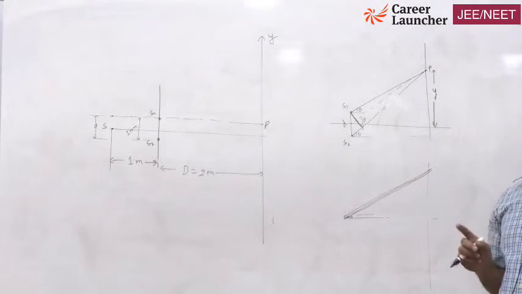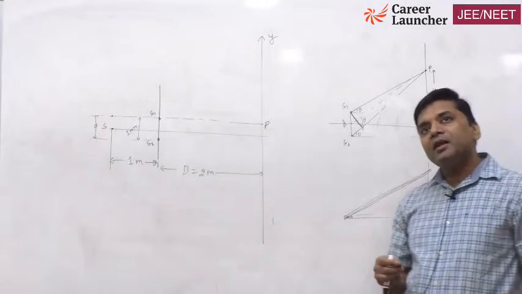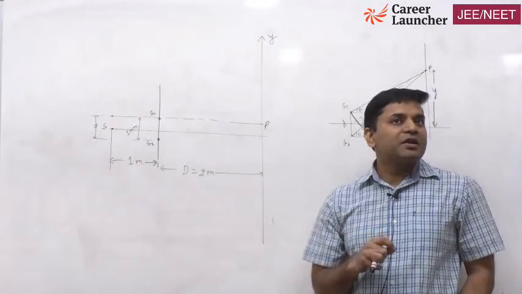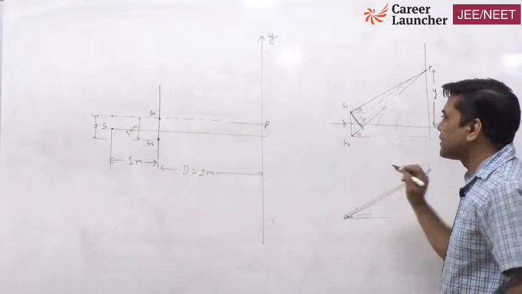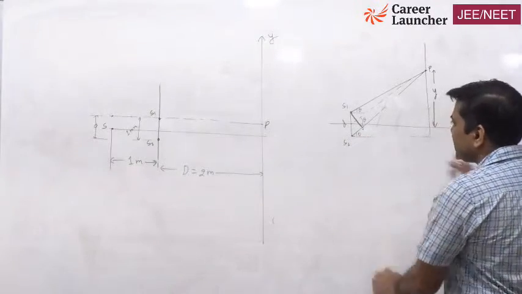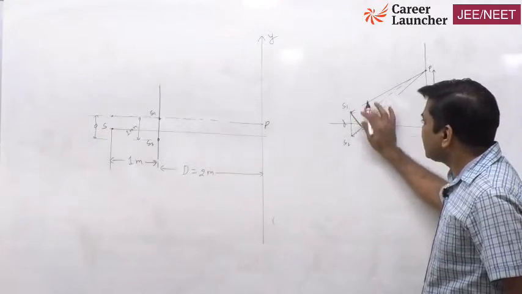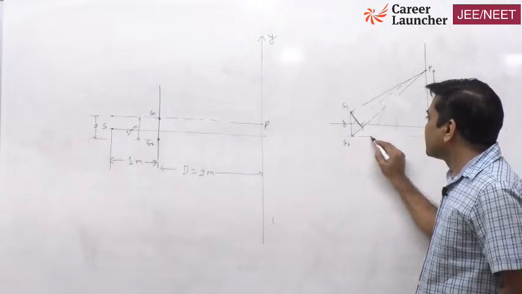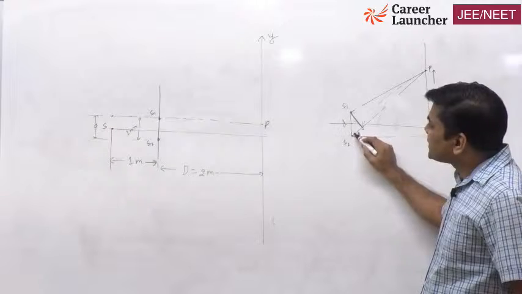So this approximation is always taken in Young's double slit experiment. Even if it is not given, and it's mentioned that it is Young's double slit experiment, you can take this approximation that this theta can be taken from anywhere. Now, if this is theta over here, then this is 90 degree minus theta.